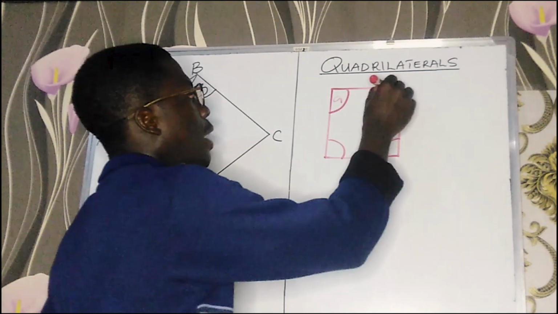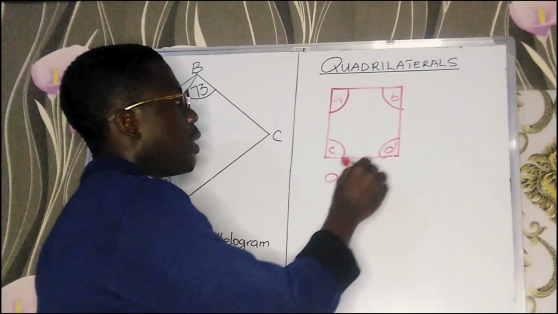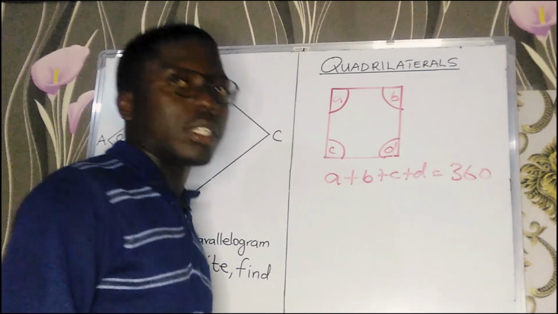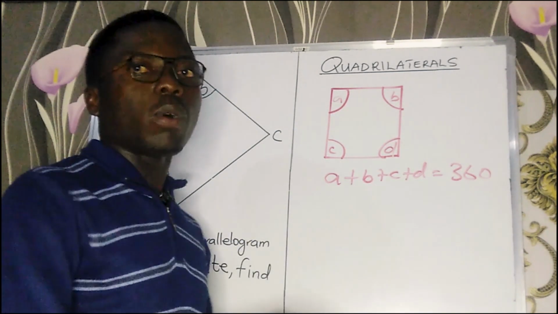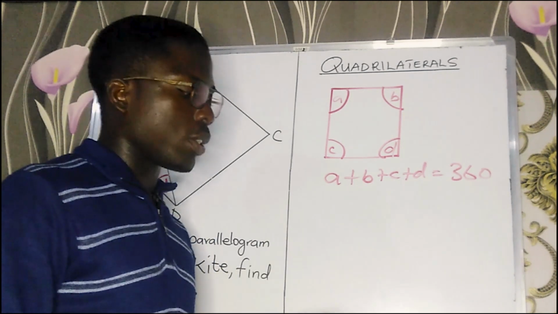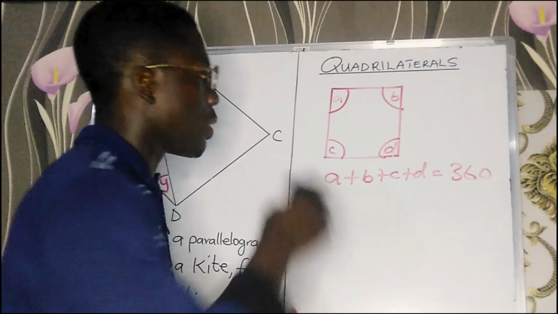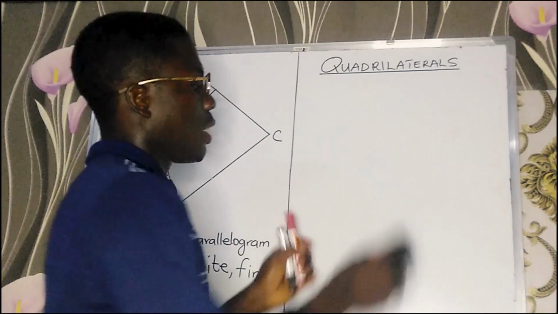So if I have A, B, C, D here, then A plus B plus C plus D should be equal to 360 degrees. So the interior angles of all types of quadrilaterals add up to 360 degrees.